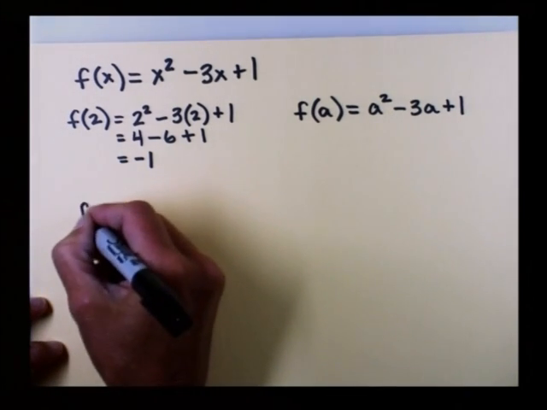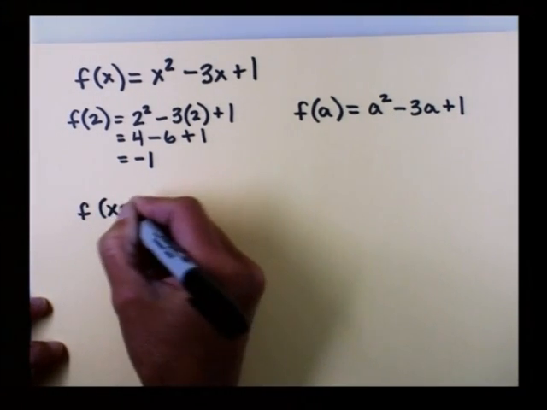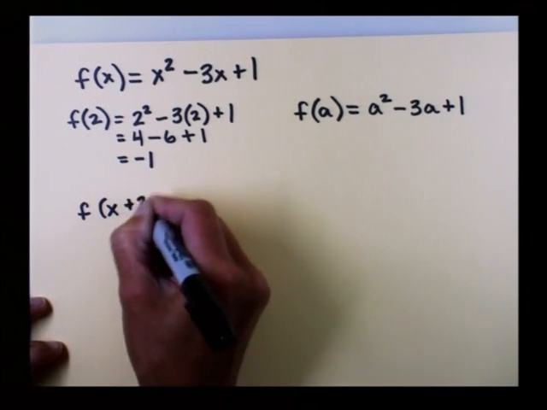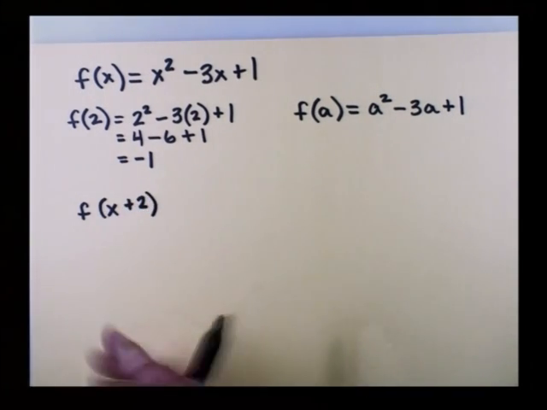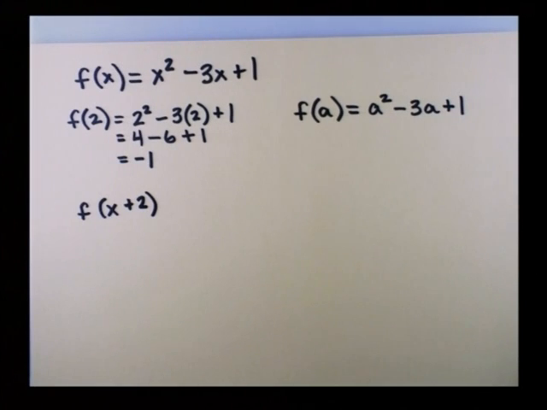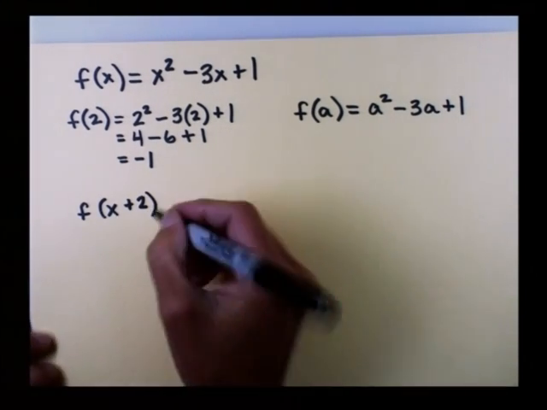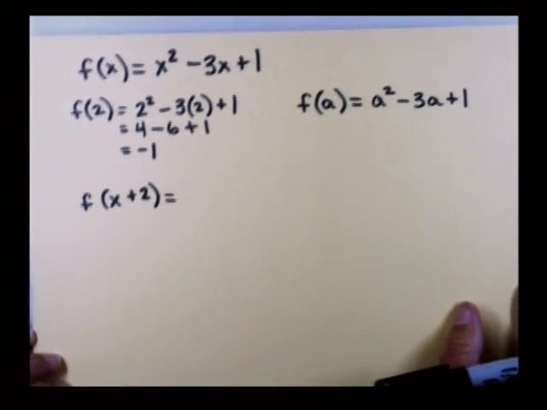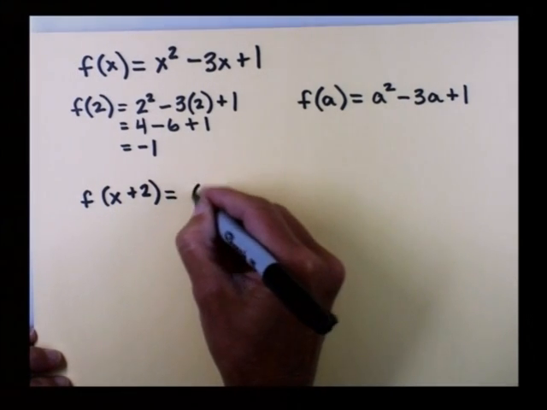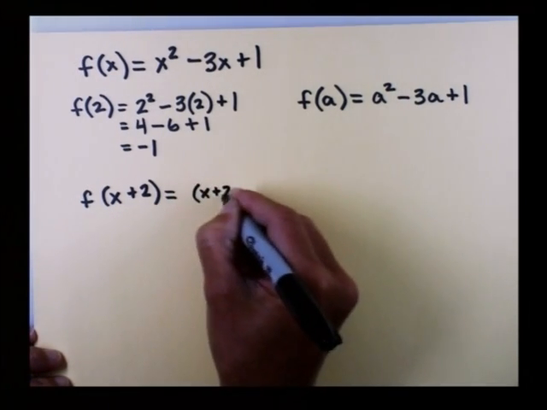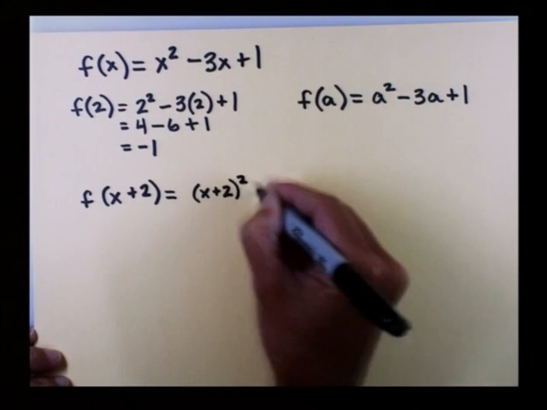Sometimes I might be plugging in a combination of things. I might be plugging in a whole other expression. So when this happens, we're going to show that we are taking that entire expression and running it through our machine.